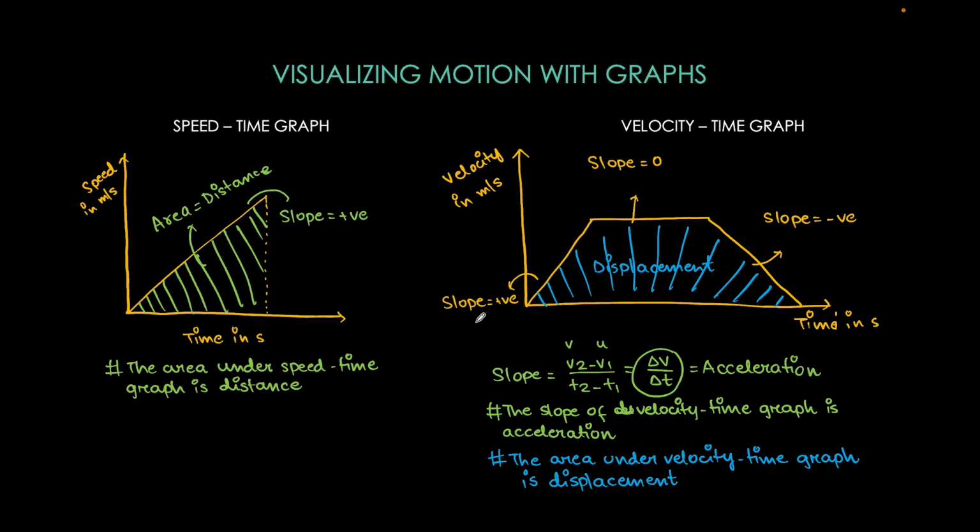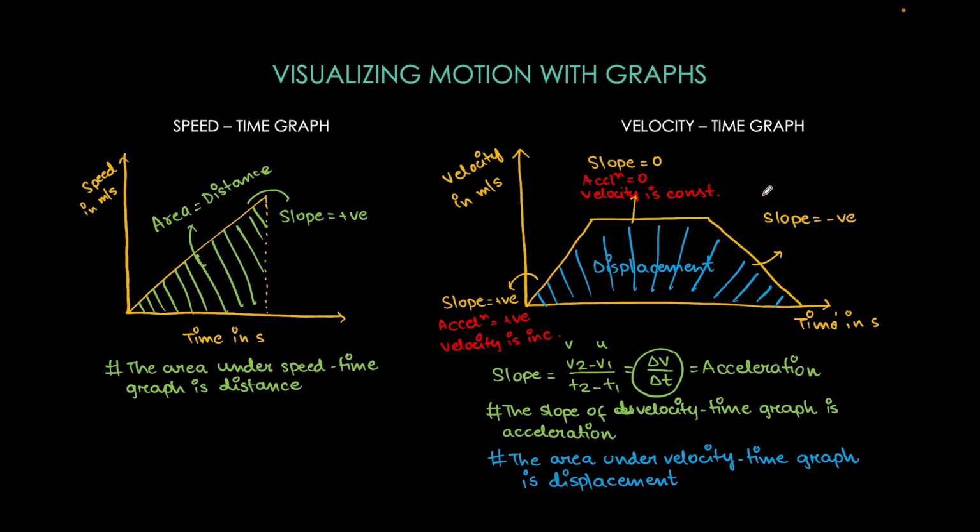So if the slope is positive, meaning the slope of this velocity time graph is what? Acceleration, meaning the acceleration is also positive. And if acceleration is positive, we know that velocity is increasing. If the slope is 0, meaning the acceleration is 0, which means that velocity is constant.